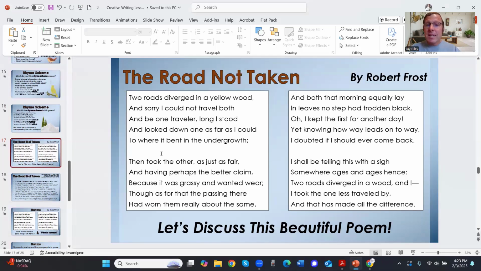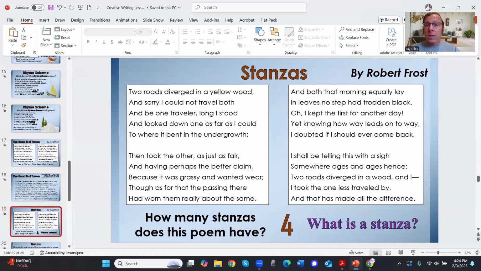They're simply separated by white space. And they're different than paragraphs. Remember, a paragraph has to express one big idea. It's a collection of related sentences that express an idea. That's not always the case in poetry. So when we look at this, we see there are 4 stanzas here.